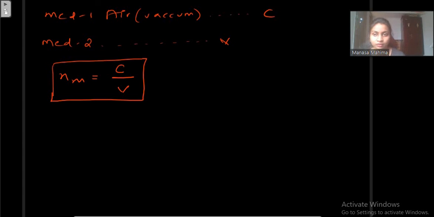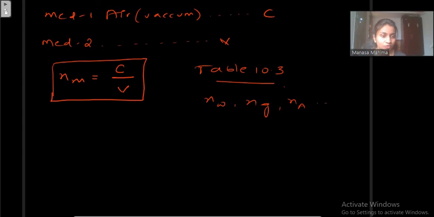And one more thing here, in your textbook, if you refer to table 10.3, they have given a series of refractive indices of certain mediums. If you see that, they have given the NW value, the NG value, the NA value, and so on.